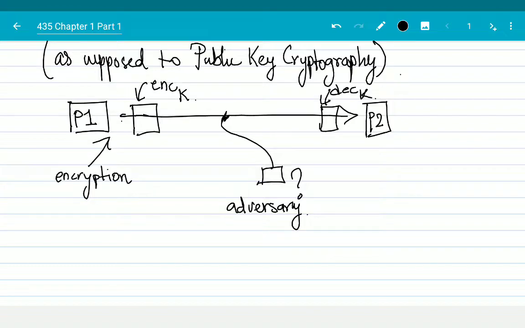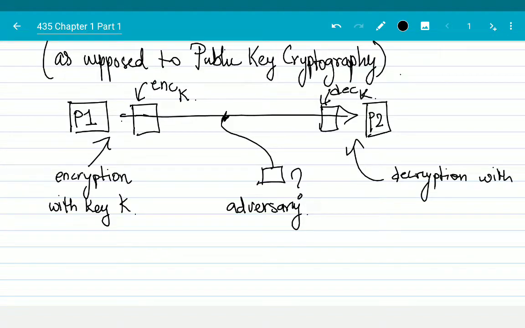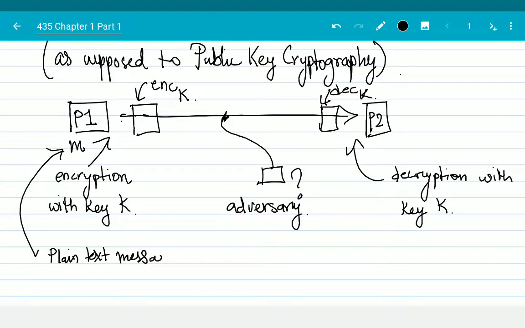Encryption with a key K, and this is going to be decryption with key K, right? So you'll have some message M, which will be generally in plain text. Plain text message M, right?